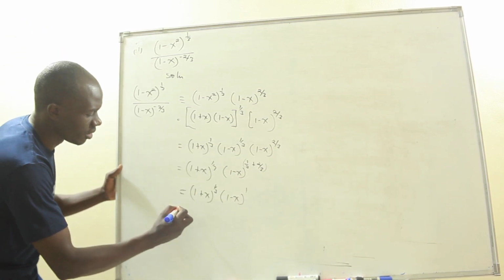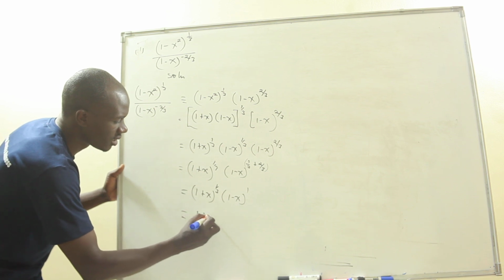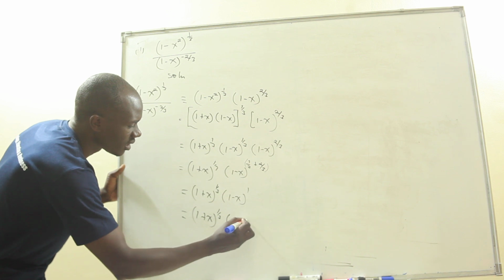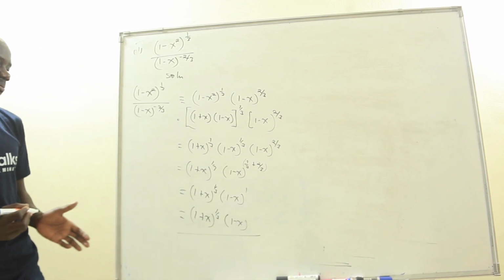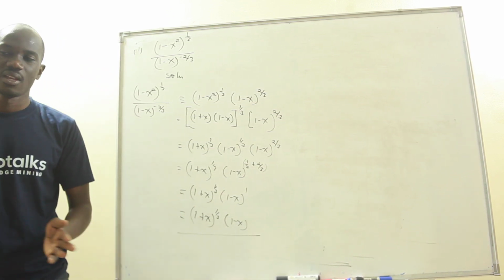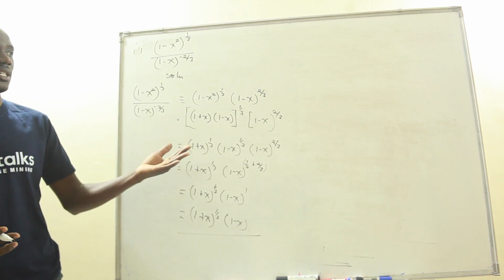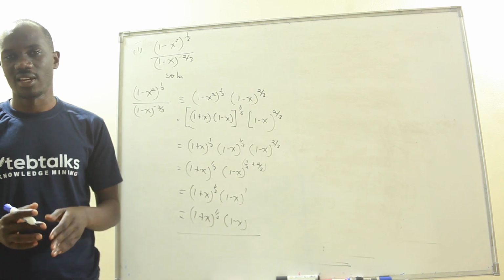So this becomes (1 plus x) power a third into (1 minus x). We have already simplified that. If you want to put this in terms of a cube root, you have already passed. But that's the best way you can do it.